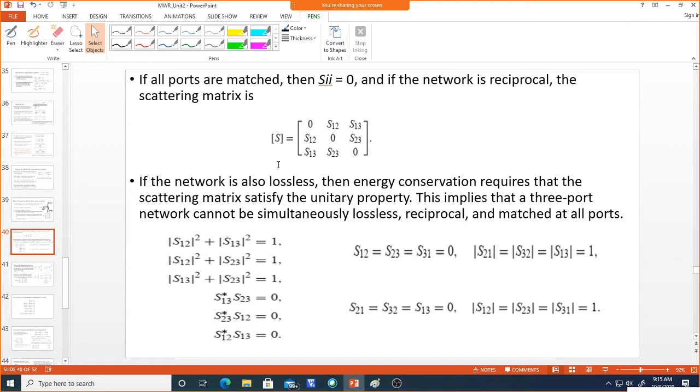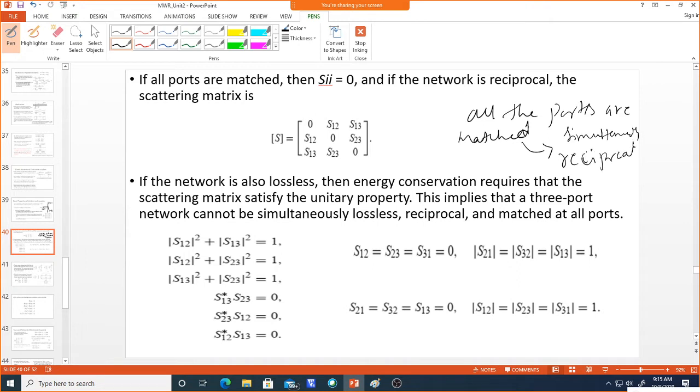Okay, so if the condition is that all 3 ports are matched, then you cannot achieve simultaneously reciprocity, or reciprocal, as well as the lossless condition.